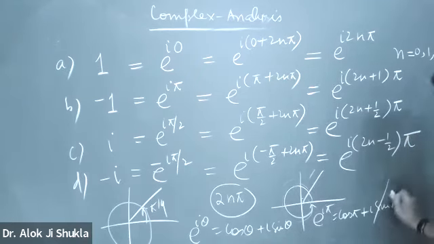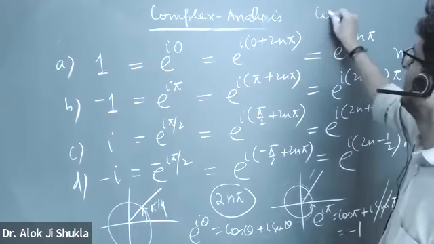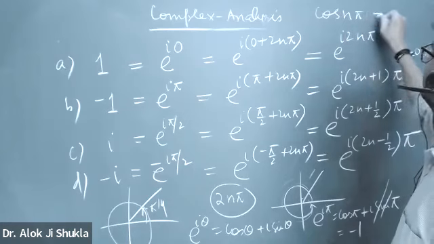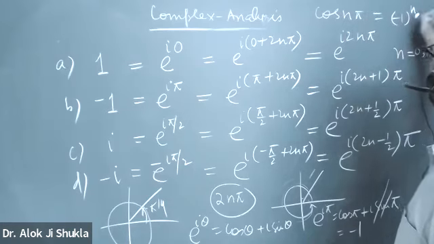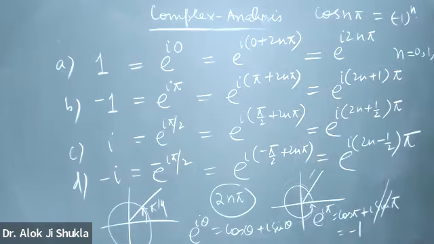Sin pi is 0. Cos pi is -1. I told you that cos of n pi is -1 to the power n. So what will be cos pi?